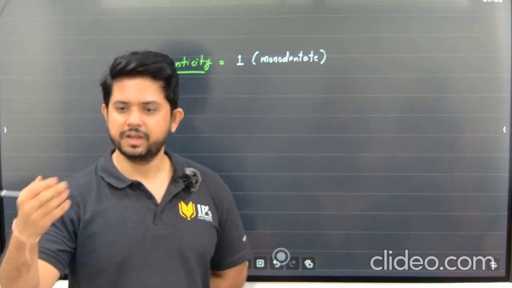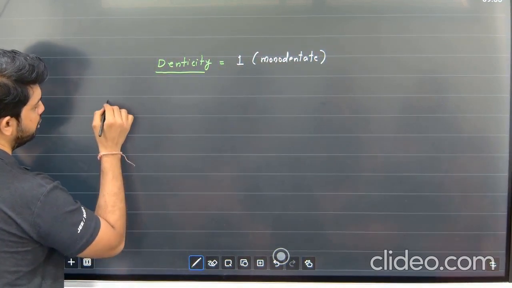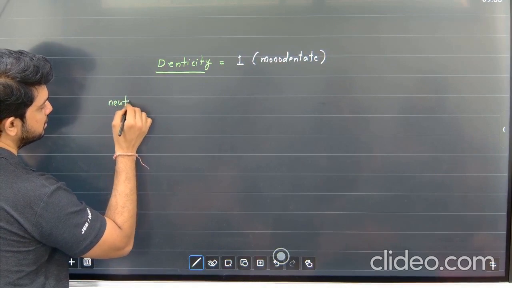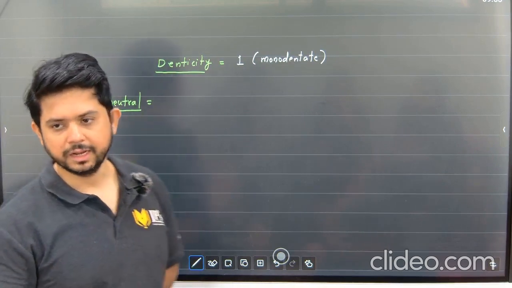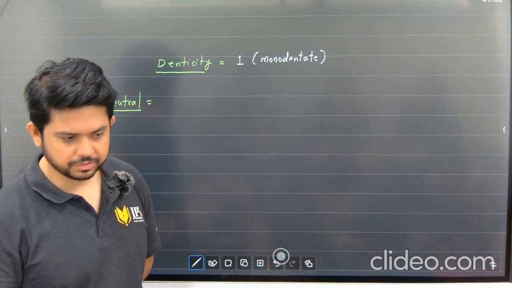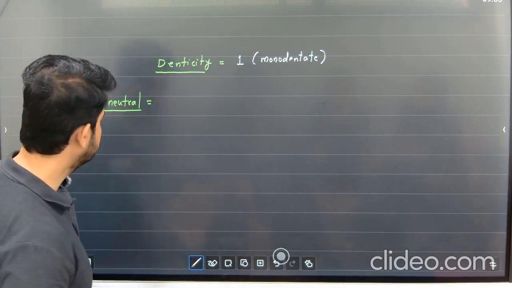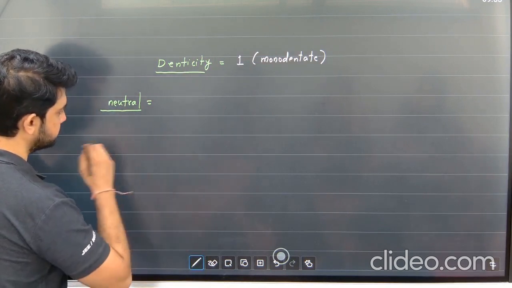They are further classified into neutral monodentate, anionic monodentate and cationic monodentate. You have to remember all the ligands which I am writing on the board. So first, let's start with some neutral monodentates.